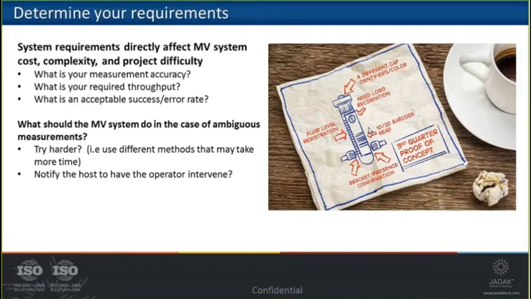In that case, you can't have that ambiguity. So what do you want the system to do? Should the machine vision try again? Maybe try a different algorithm in order to differentiate those two caps, or maybe notify the host to intervene, and the operator can come over and make that change. Again, those different kinds of activities, when defined up front, can help you really get the best result at the end.